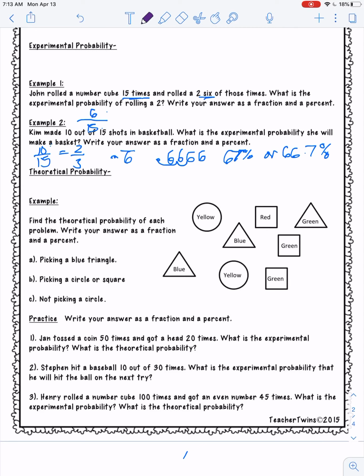So we have 1, 2 blue triangles out of 1, 2, 3, 4, 5, 6, 7, 8 shapes. So our probability of drawing a blue triangle would be 2/8, which equals 1/4, which is 25%.